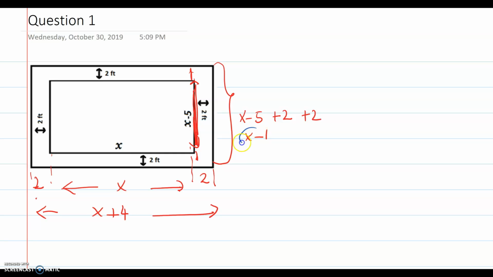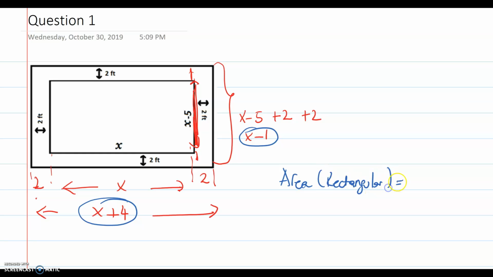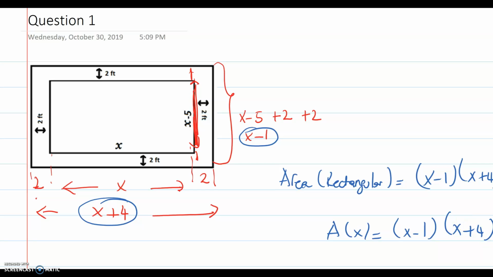So x minus 1 and x plus 4 will be the length and width of the area of a rectangle. Times x plus 4. So the area in terms of x, that's how we write it down.